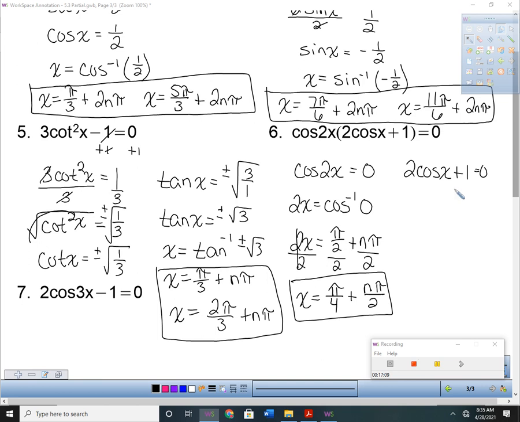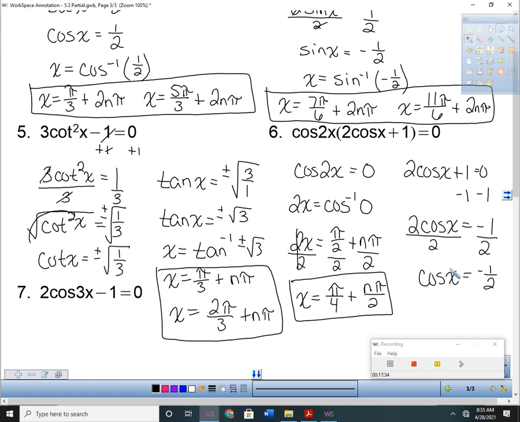All right, this one is just like what we've been doing, so I'm going to go ahead and subtract the 1. So I have 2 cosine x is equal to negative 1. I'll go ahead and divide by the 2. So I have cosine x is equal to negative 1/2.